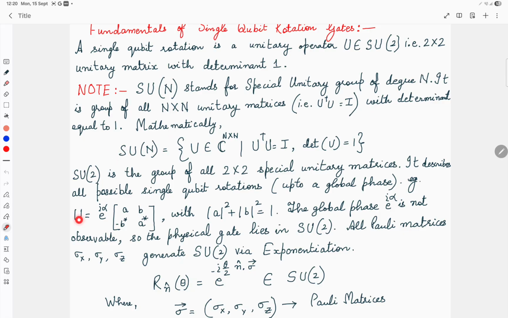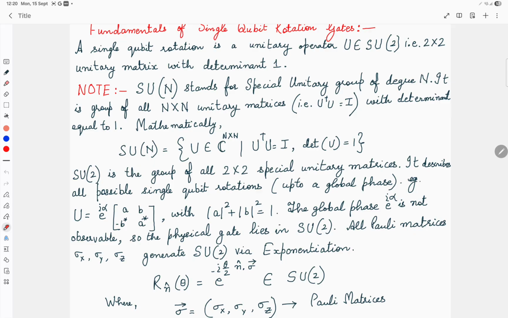Unitary matrix means it will fulfill the condition of U adjoint multiplied by U gives me identity. But it may or may not have a determinant equal to 1. But in the case of special unitary group, it will also have the determinant equal to 1. So that's the difference between U and SU, right?